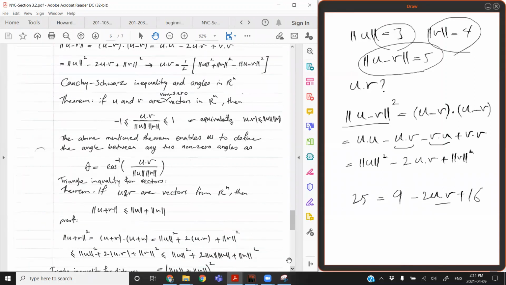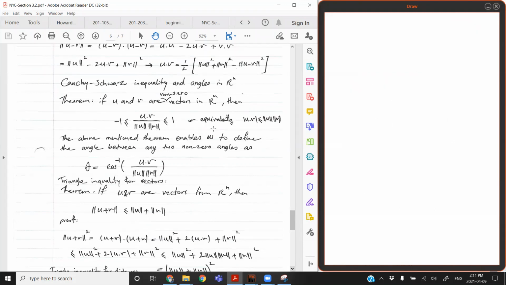Okay, I'm going to cover one last thing, and then for the rest of it, I'll cover another day. The Cauchy-Schwarz inequality, which we're not proving, simply says that u dot v over the norm of u times the norm of v is always between -1 and 1.